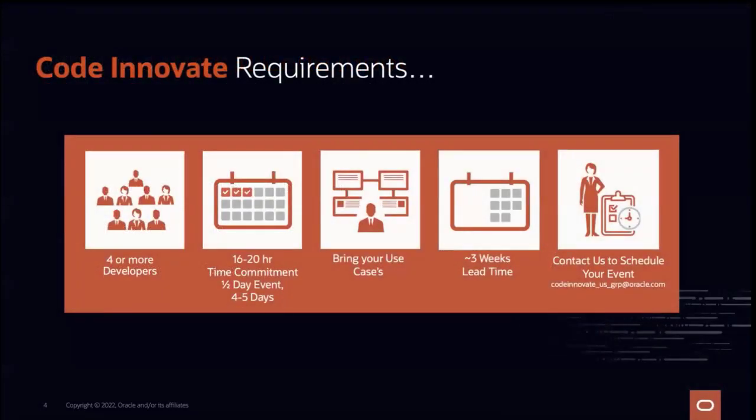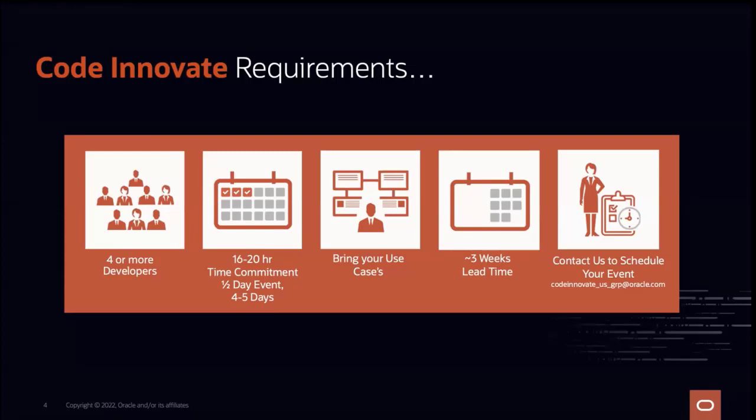The Code Innovate requirements are that we just ask that your team be at least 4 or more developers. These don't need to be complete developers. They could be business users that are working with the product or in your environment daily. We ask for that 20-hour time commitment, or those 5 half days. We ask that you bring your use cases.